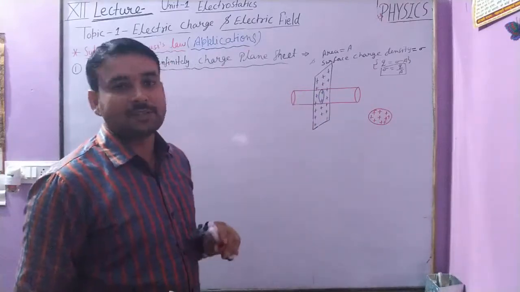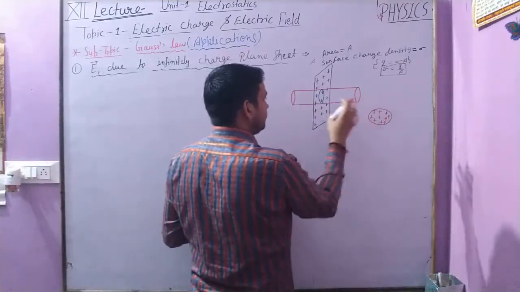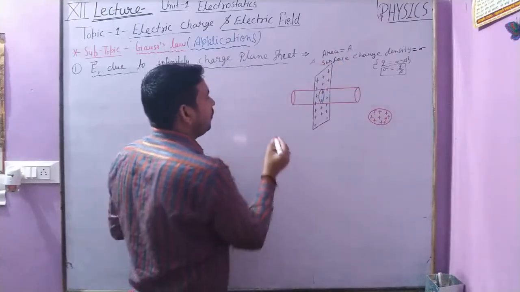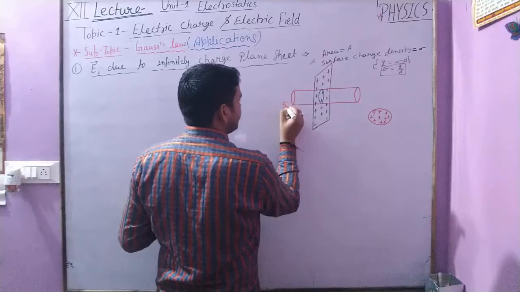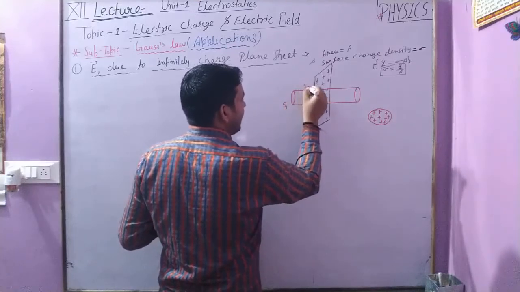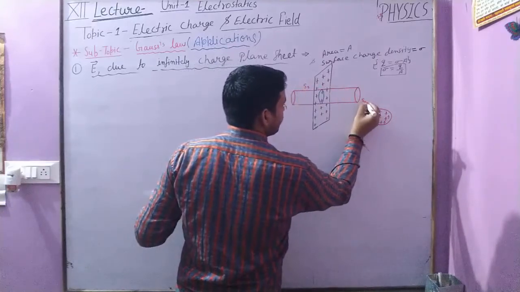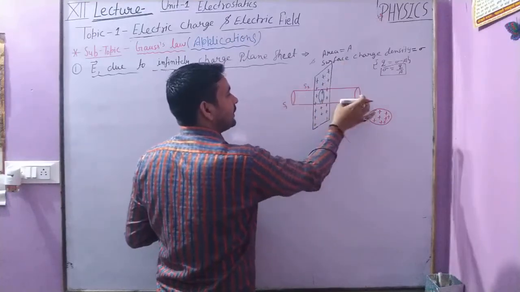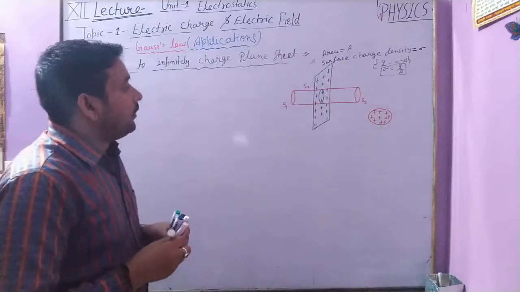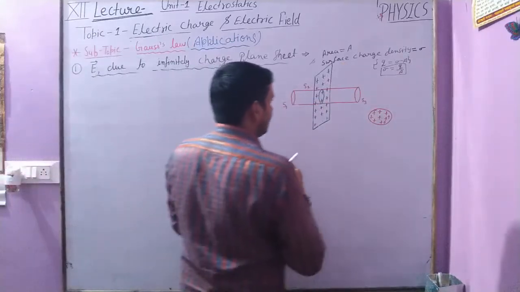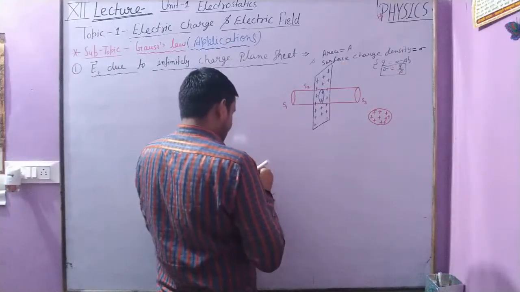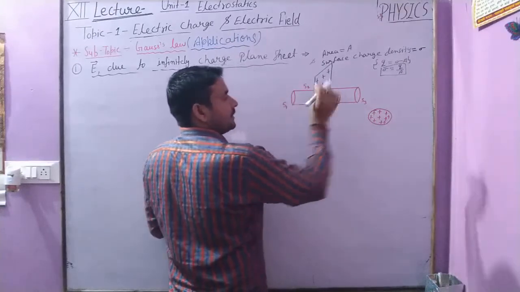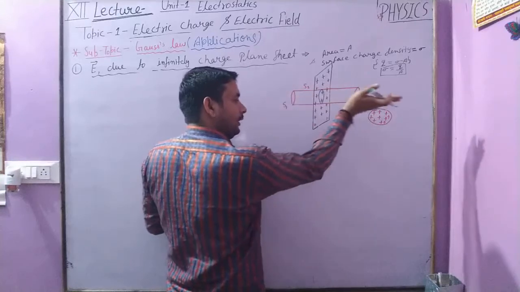This is the special situation and we need to calculate this. Okay, now we have the three surfaces. One is S1, another is S2 and another is S3. As you know, this is the curved surface and these two are the flat surfaces. Now because this is the charge, the electric field lines are moving.